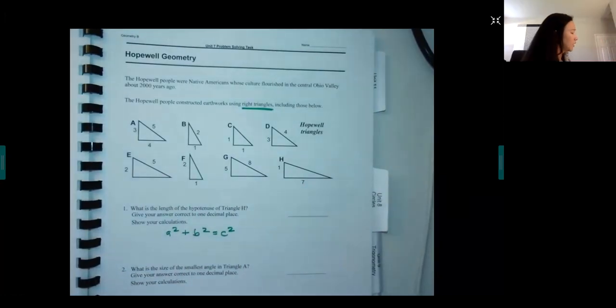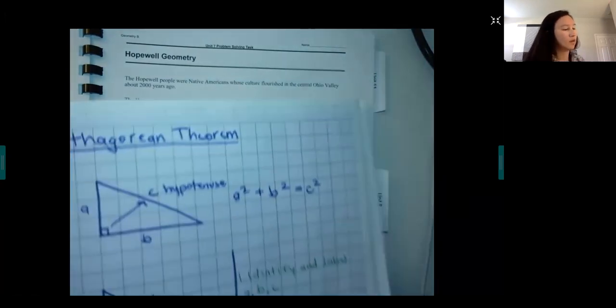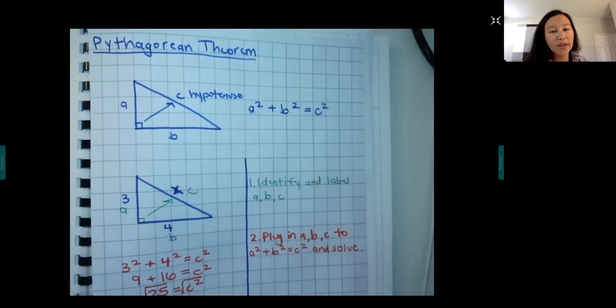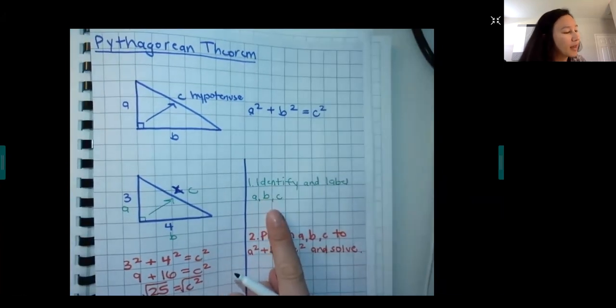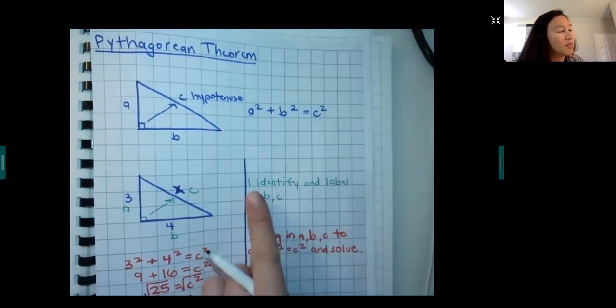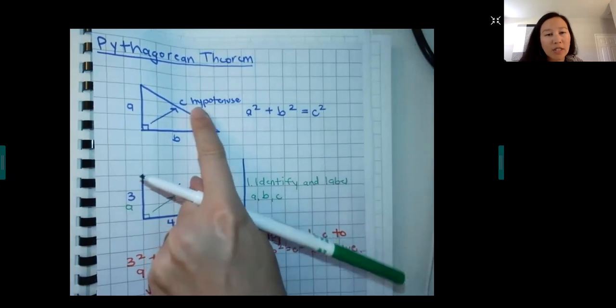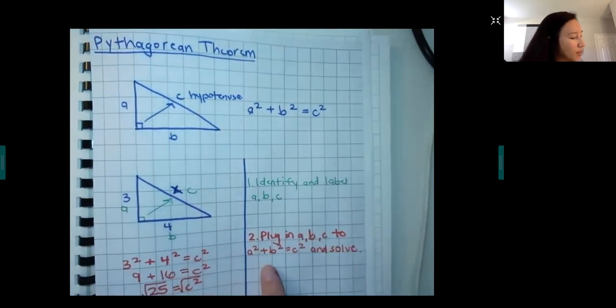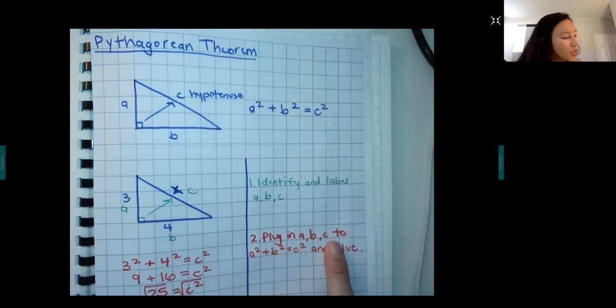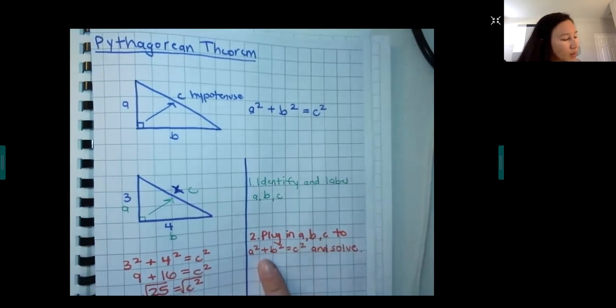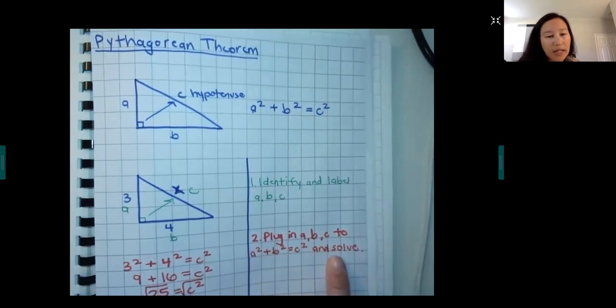So you're having to use what you learned last unit. So for the Pythagorean theorem, remember, first we want to identify and label A, B, and C. So remember, the side we're most concerned about is C, which is the hypotenuse. A and B don't matter as much. Then we just plug in A, B, and C to a squared plus b squared equals c squared, and solve.